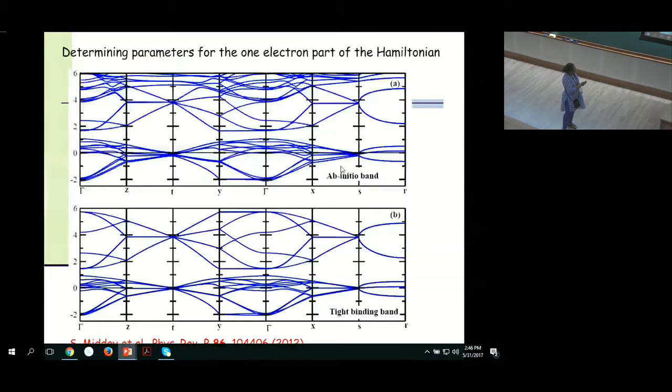In order to determine the parameters, we fit the ab initio band structure to this tight binding model, the basis which I explained earlier, and we extracted the parameters.